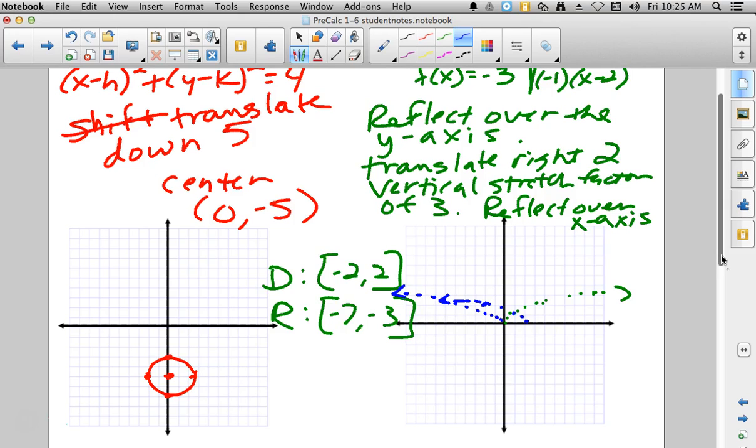And again, that means you take your y's and you have to basically multiply them by 3. And then we reflect that over the x-axis. Let's see. Where's my original?